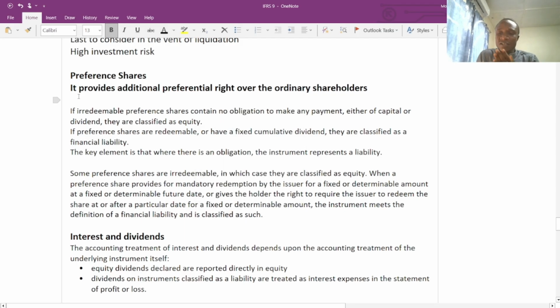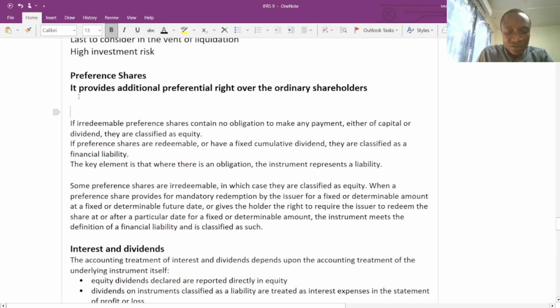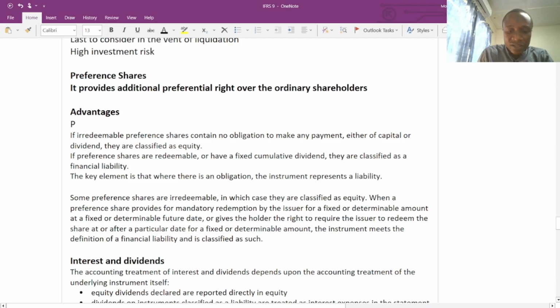So what are these additional preferential rights that the ordinary share did not have access to? One is the priority in the event of liquidation.